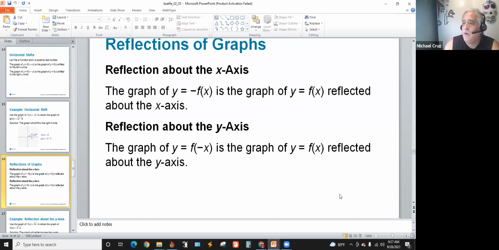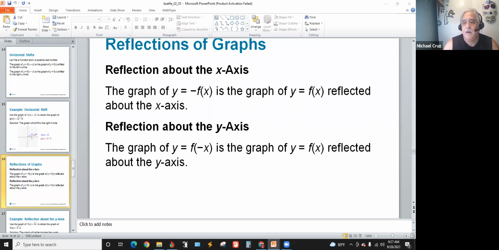But anyway, what reflection means is that if we have an x-axis reflection, then the negation of the entire function is going to flip it, a mirror image across the x-axis.